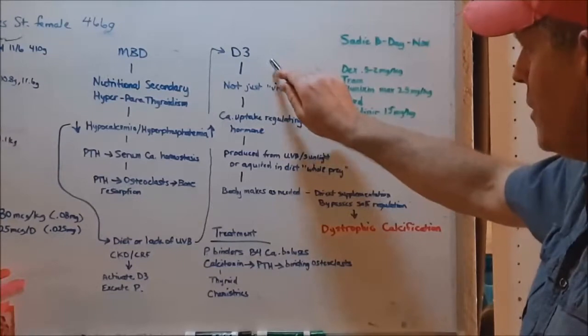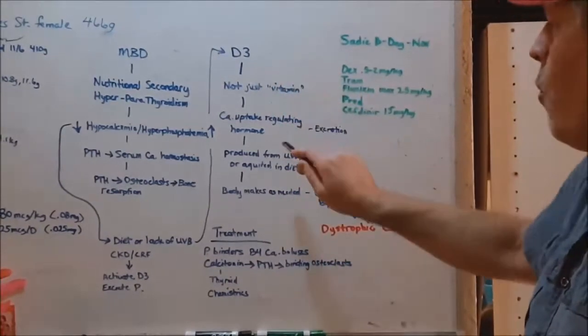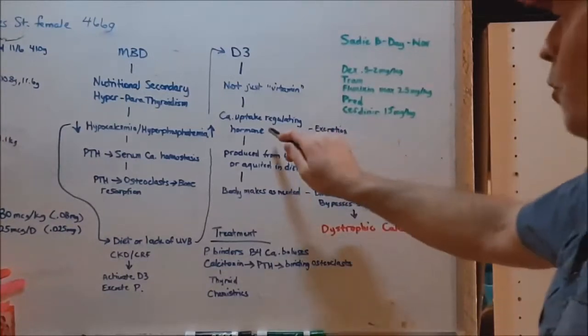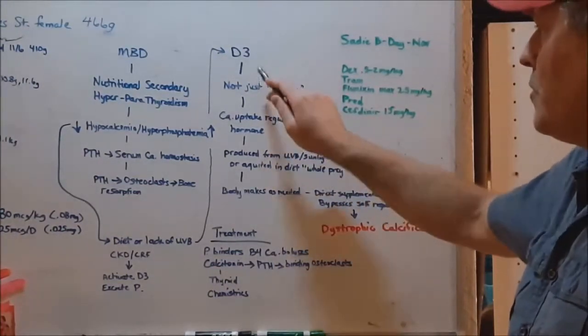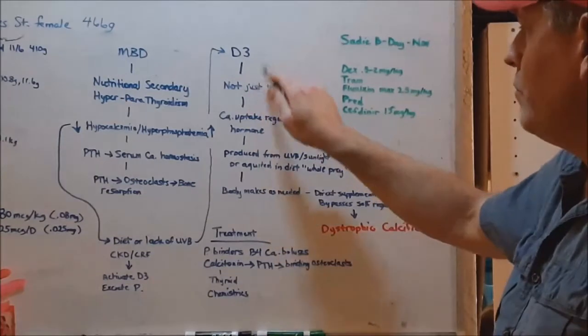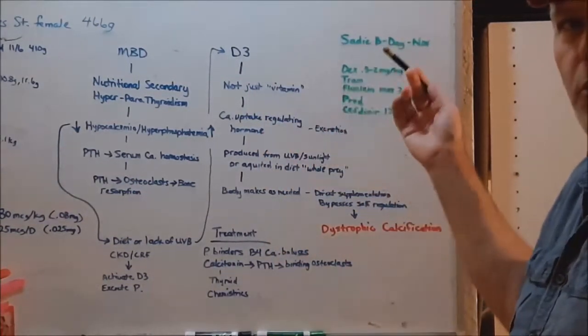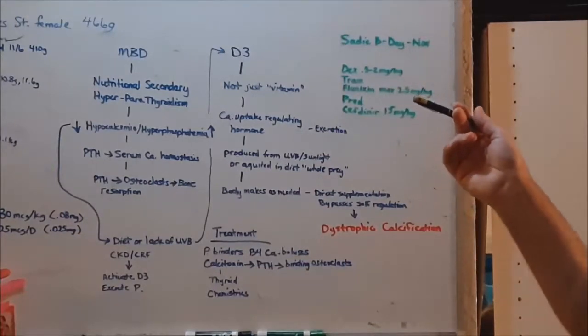What D3 actually does, it's not calcium, it's a hormone. It tells your intestines how much calcium needs to be absorbed from the diet. If your body does not have enough D3, what it assumes is that we must not need all this calcium then.